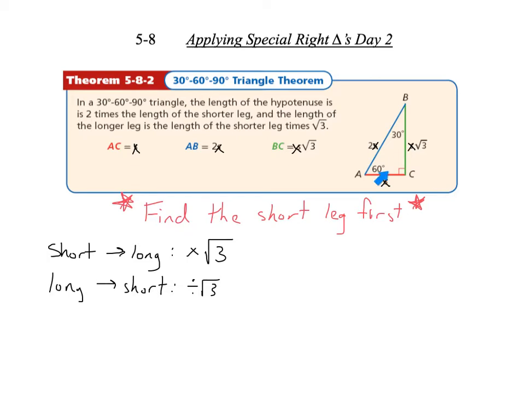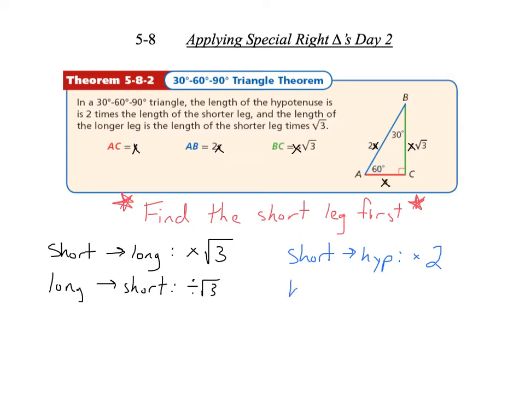What happens if I've got the short leg and I need to find the hypotenuse? Well, if you've got the short leg and you need to go to your hypotenuse, you are going to notice it goes from x to 2x. You are going to multiply by 2. So we're going to multiply, that's a multiplication symbol, by 2. What if I know the hypotenuse and I need to find the short leg?